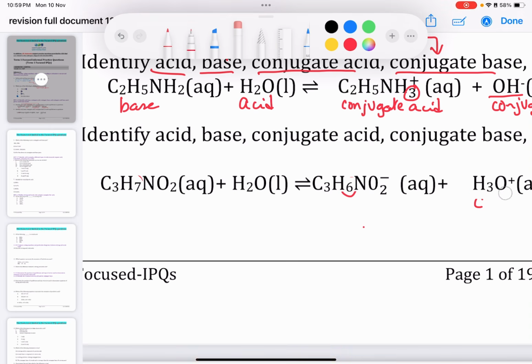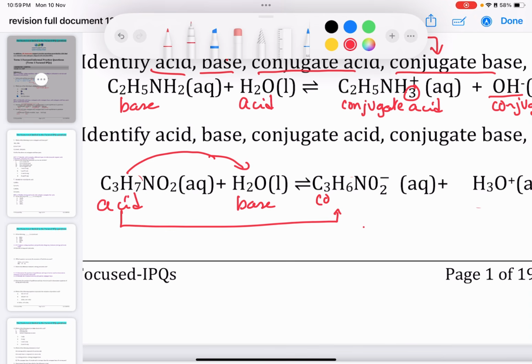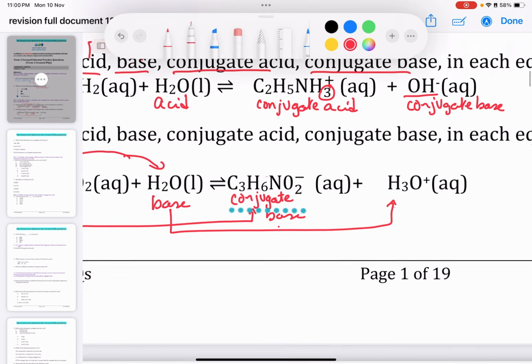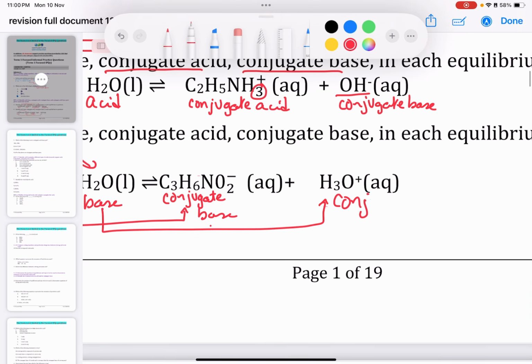This means that C3H7NO2 is the donor. So that's the acid, and that's the base. And this acid turned into a conjugate base, and this base turned into a conjugate acid.